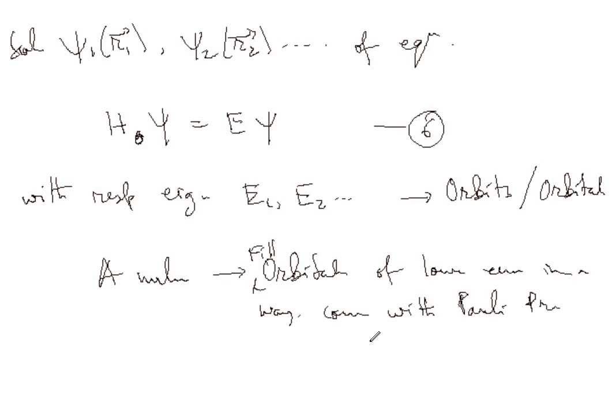Thus, if the sub-index 1 of psi 1, which represents the group of quantum numbers of the orbital 1, includes spin and isospin, we can say that the first nucleon is described by psi R1.